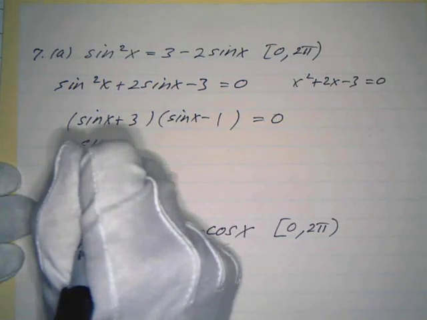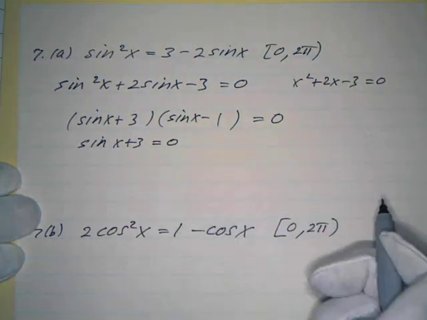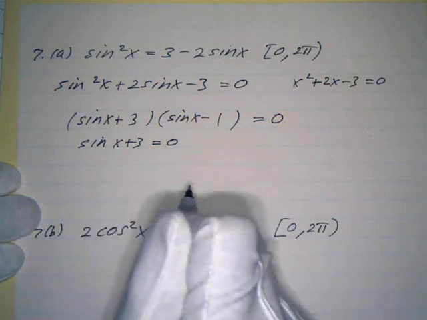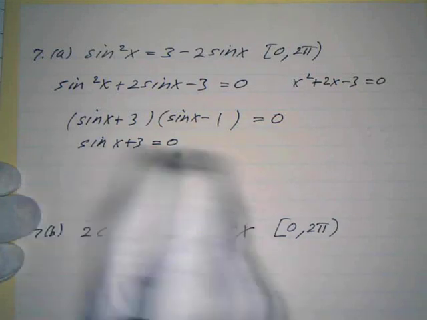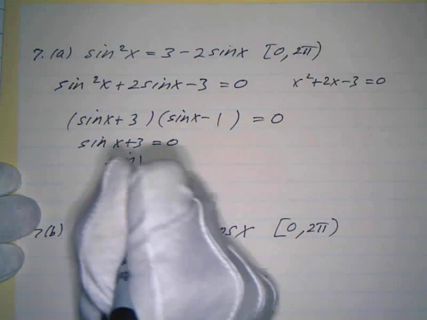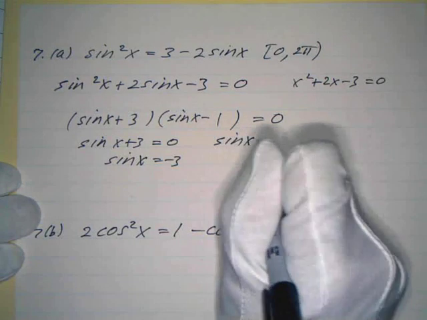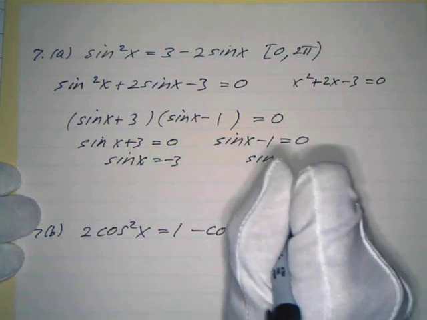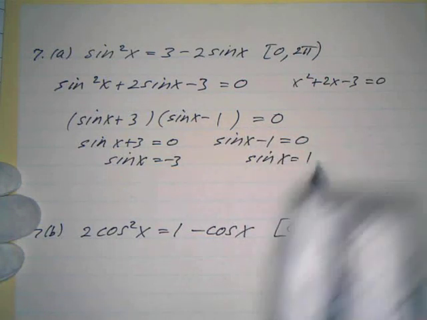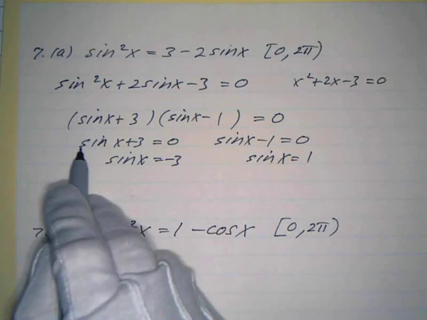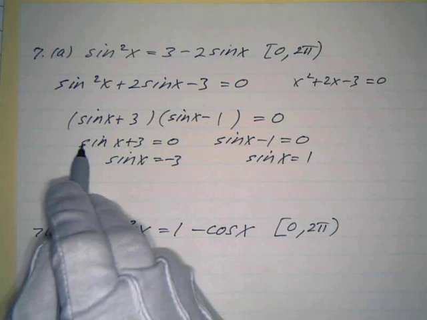So I got two possibilities. I set each of these equal to 0, so sine of x plus 3 equals 0. This is kind of like number 1 we did way back at the beginning of these, up at the top. And if I solve that for sine of x, I get the sine of x equals negative 3. Or I've got the sine of x minus 1 equals 0. So sine of x equals 1. Now the thing is, with this amplitude of 1, the sine of x is always going to be between plus 1 and minus 1.